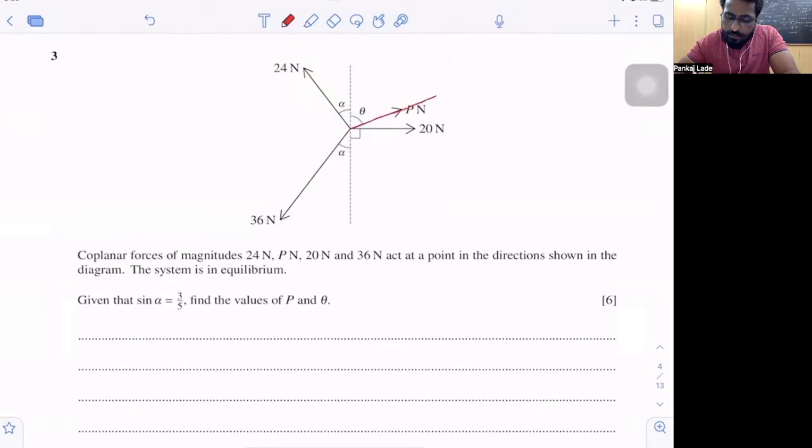Let's say this is P Newton force. Let's extend this force so that becomes easier for me to resolve it. This was the line of action of the P Newton force. So there will be a horizontal component like this. This is the horizontal component of the force, and this is the vertical component of the force.